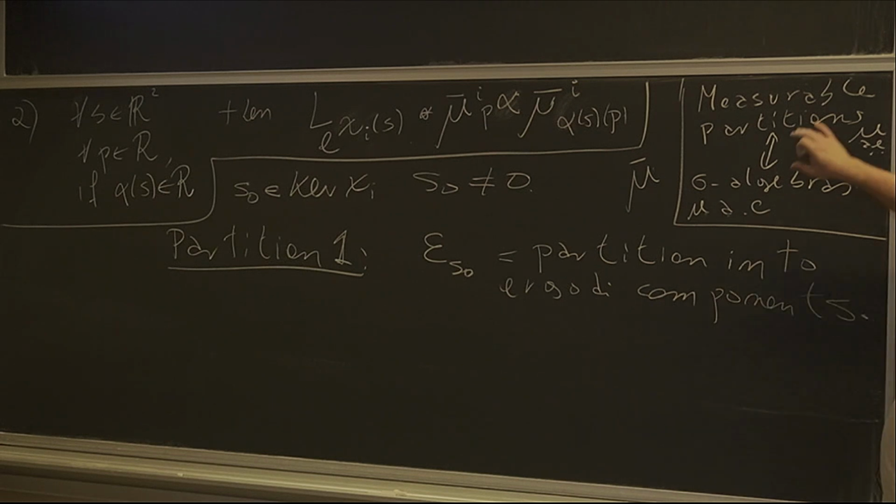Okay, and these atoms of this sigma algebra, so well, you have to be careful, because when I think from this sigma algebra point of view, then these elements of this partition, which are the atoms of the sigma algebra, are not points, they are sets.